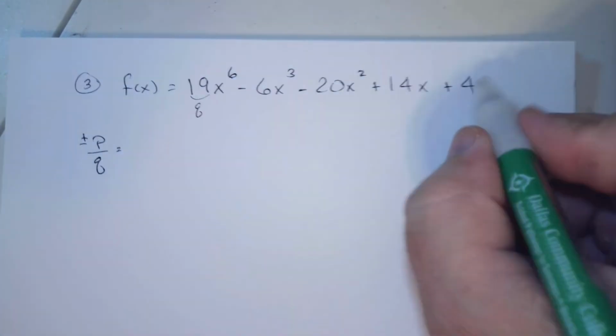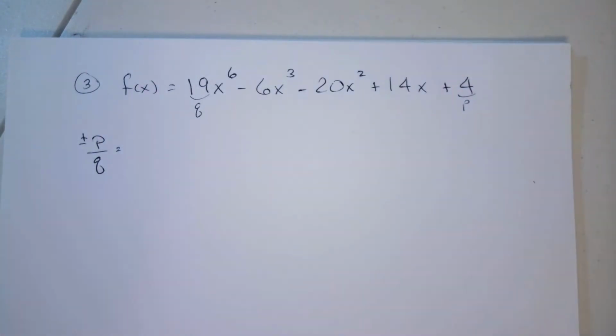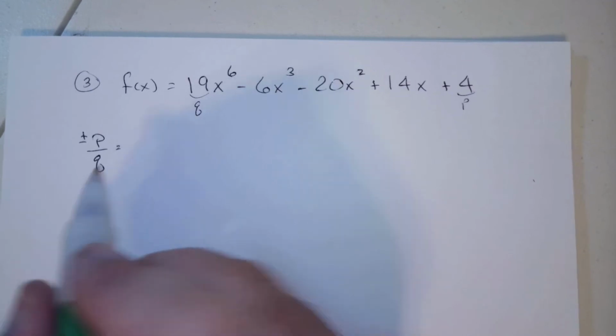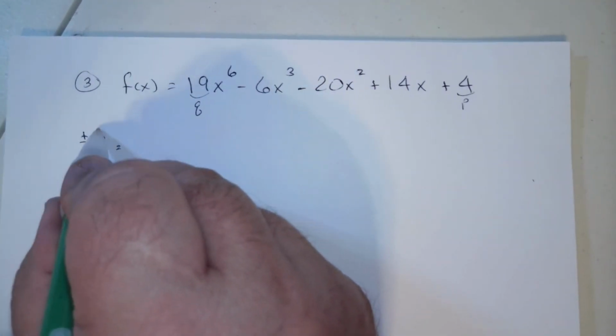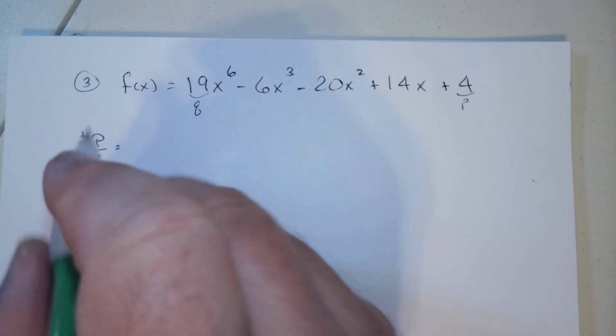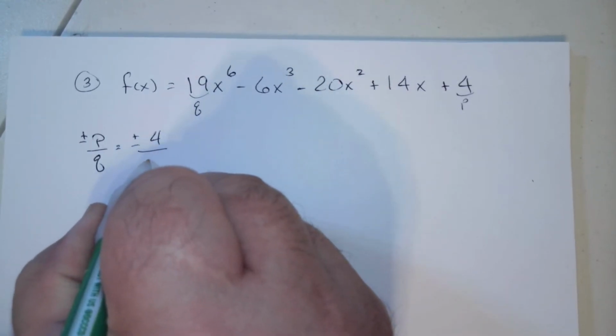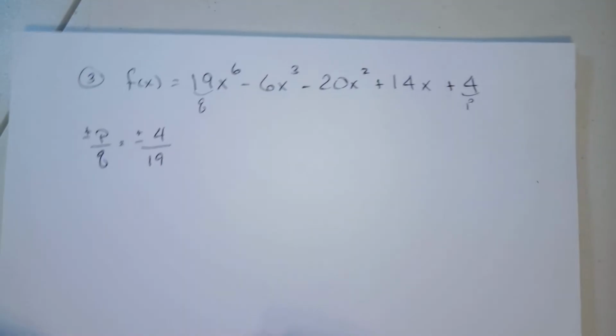This is Q, and this is P. So basically it's the last divided by the first. So it's plus or minus 4 over the factors of 19.